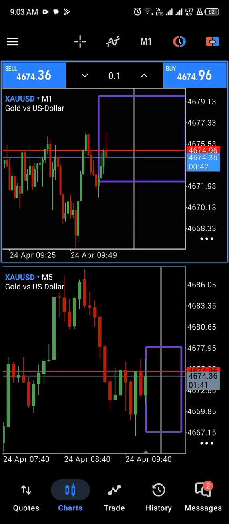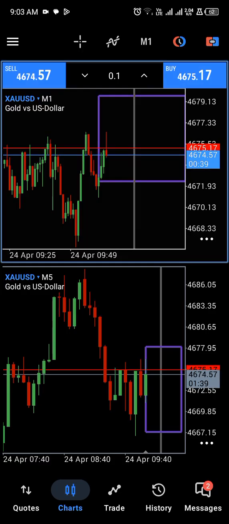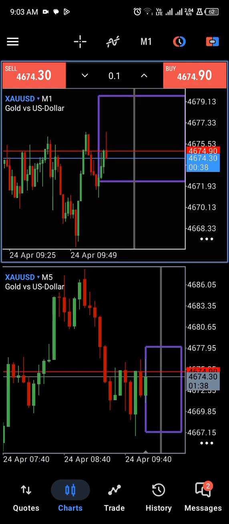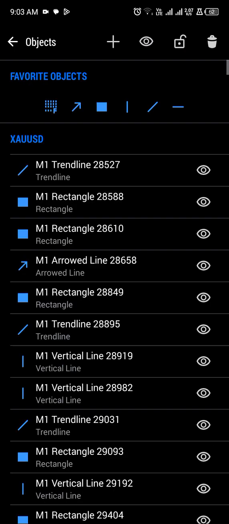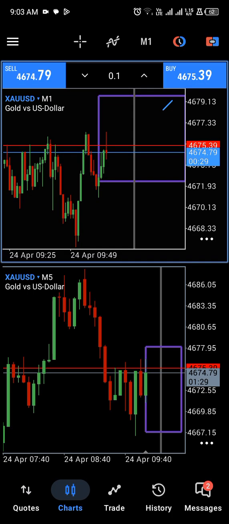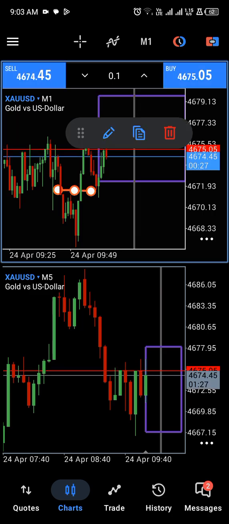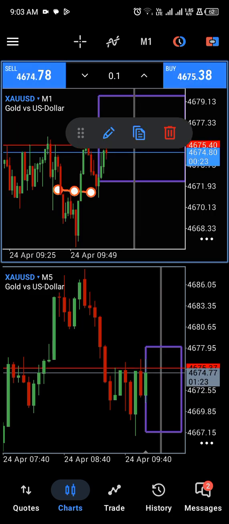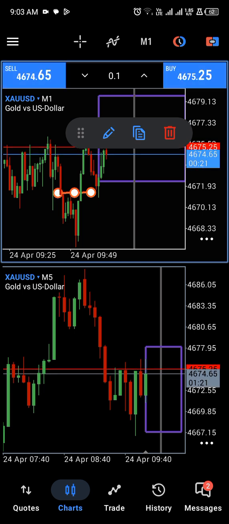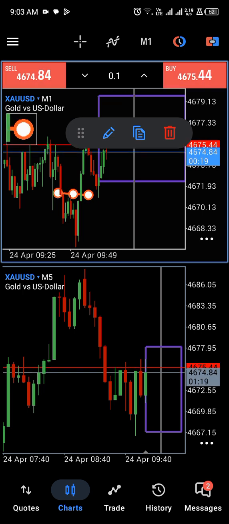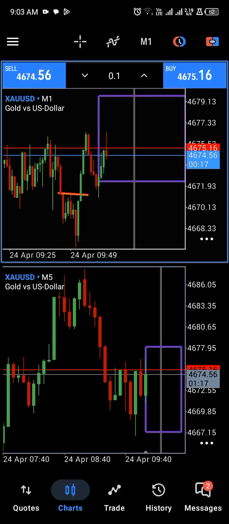What I'm seeing now is that the market on a 1 minute time frame is bullish. On a 1 minute time frame, the market is bullish, so I will get that out of the way. Mark my structure.